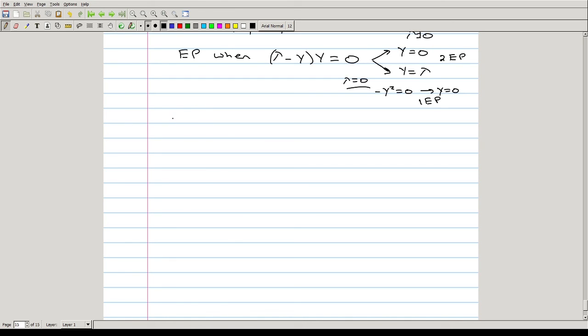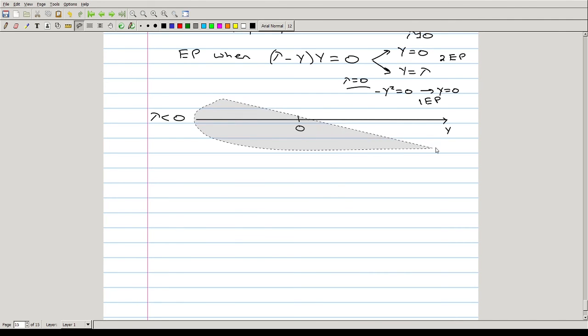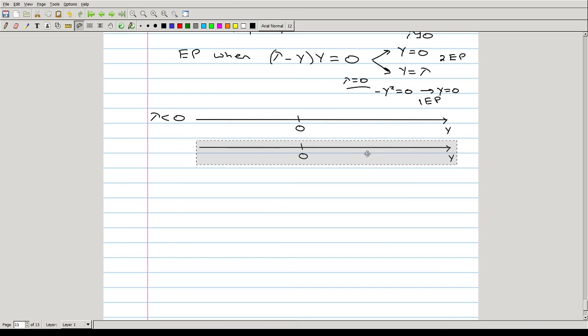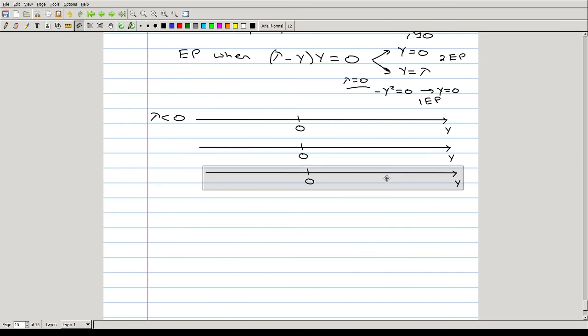So looking at the phase line diagrams, when lambda is less than 0, I'll make a copy of this because we're going to repeat this picture 2 more times, just like before.